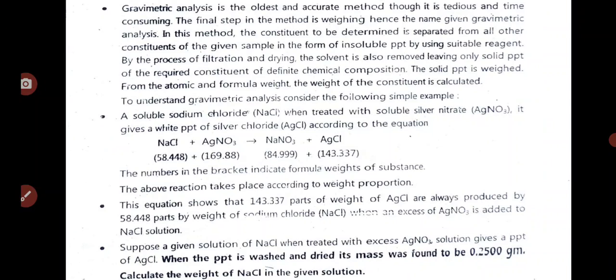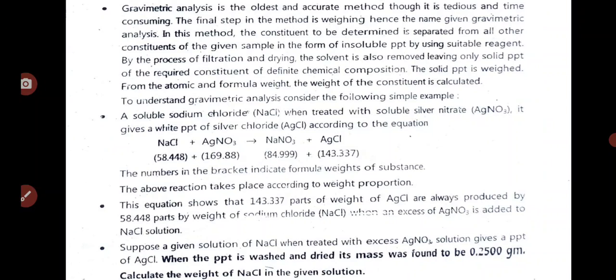The reaction shows that 143.337 parts by weight of AgCl are always produced from 58.448 parts by weight of sodium chloride, when excess AgNO3 is added to the NaCl solution.